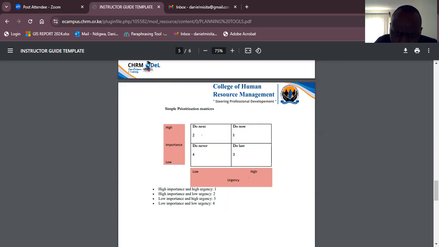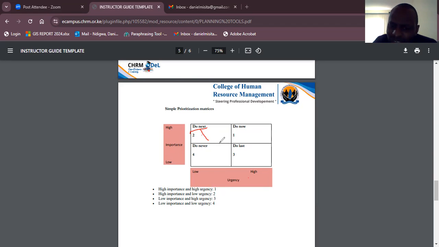For example, when you look at number two, it has high importance but low urgency. So these items are not really urgent, but they are also very important. So sometimes you need to look at those activities.